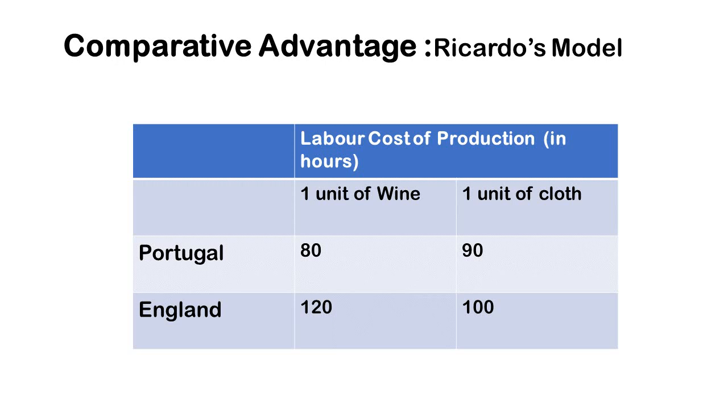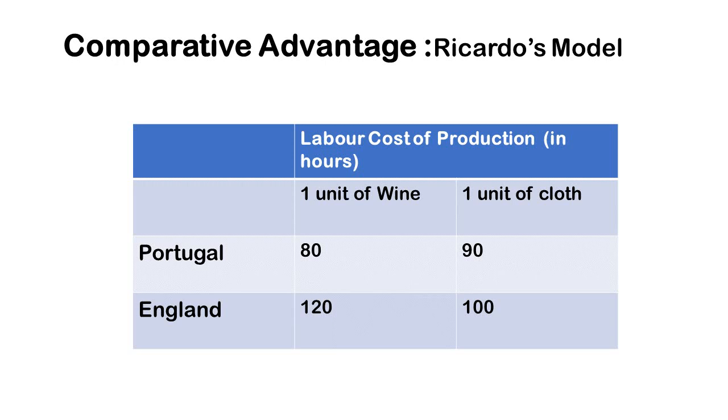So here you can see that, as compared to England, Portugal has an absolute advantage in the production of wine. It requires only 80 units of labor for producing 1 unit of wine, while England requires 120 units of labor. As far as cloth is concerned, here also Portugal has an absolute advantage. It requires only 90 units of labor, but England can produce 1 unit of cloth by spending 10 additional units of labor.